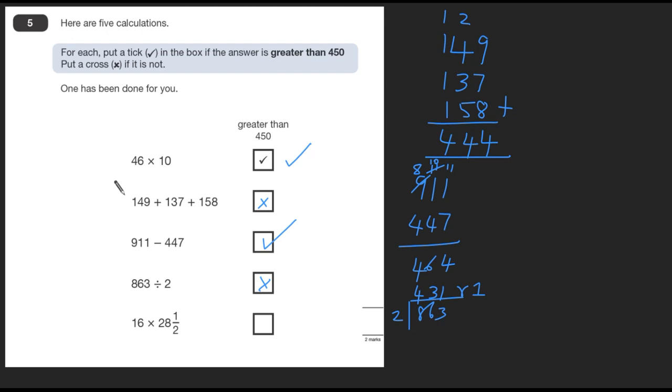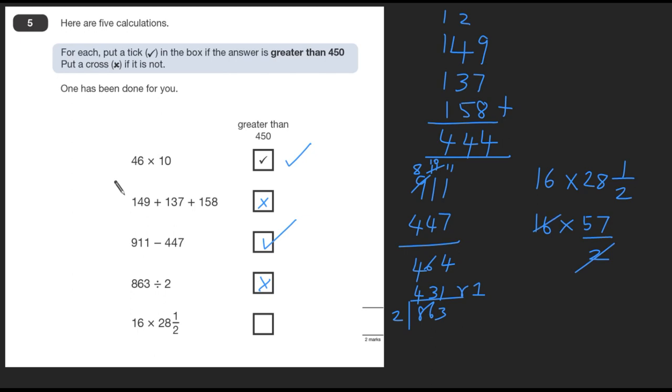The next one is 16 times 28 and a half. The way to do this one, 2 times 28 is 56, plus 1 is 57, divide by 2.